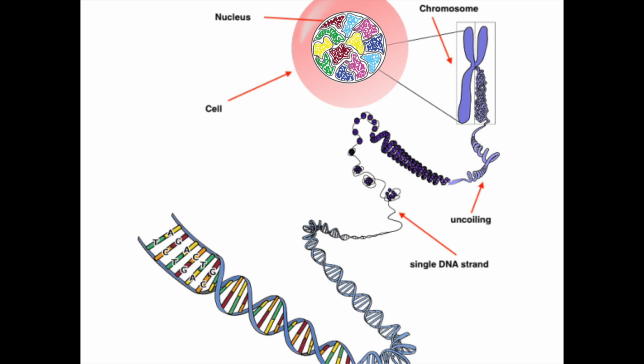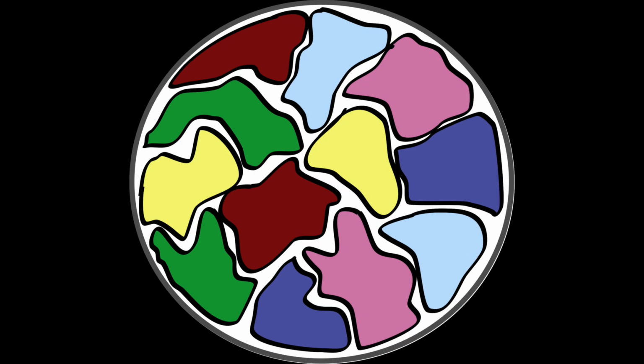So let's go back to that diagram and remove all those squiggly lines and just focus on the compartments themselves. If you'll notice, they're very irregularly shaped. That's very similar to an amoeboid shape of a protozoan. I want you to think about each one of these things as their own cells within the nucleus.